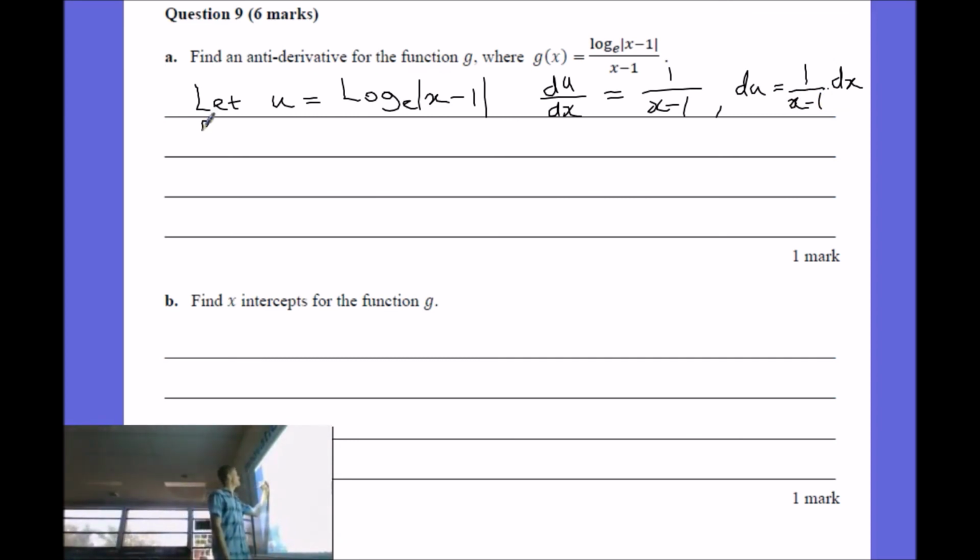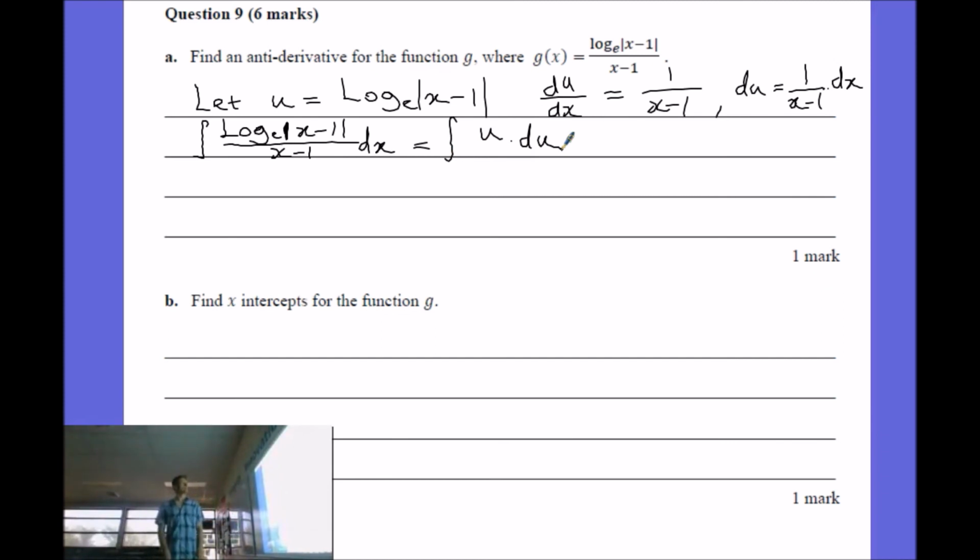So the integral of log base e of x minus 1 over x minus 1 dx becomes an integral of u with respect to u. Nice easy one.